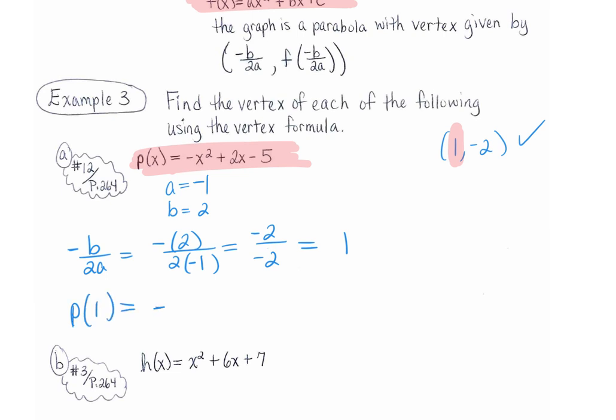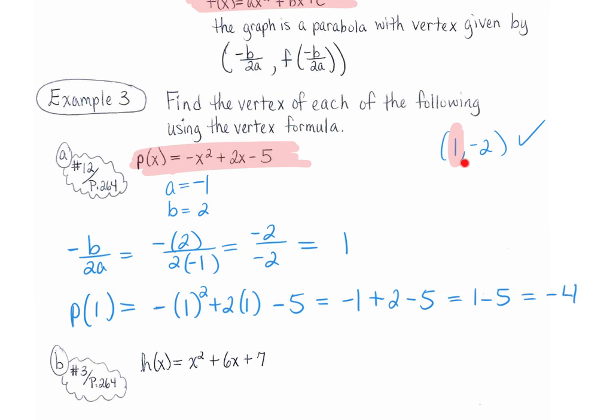That's equal to negative times 1 squared, a negative is on the outside, plus 2 times 1 minus 5. 1 squared is 1, times this negative, so we get -1 plus 2, which is 1. 1 minus 5 is -4.